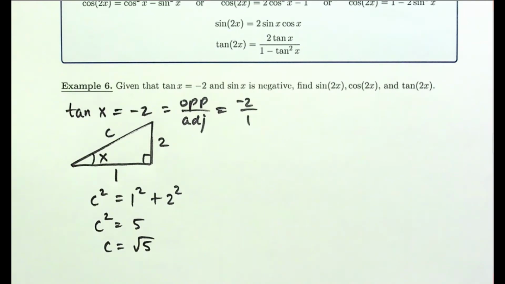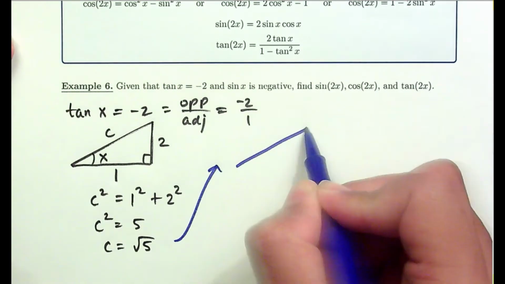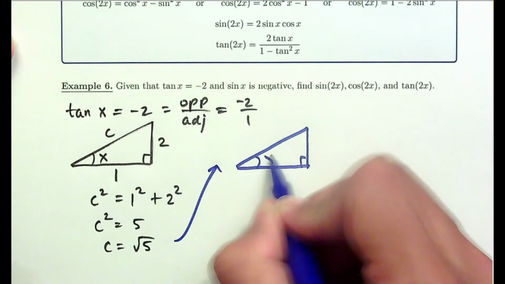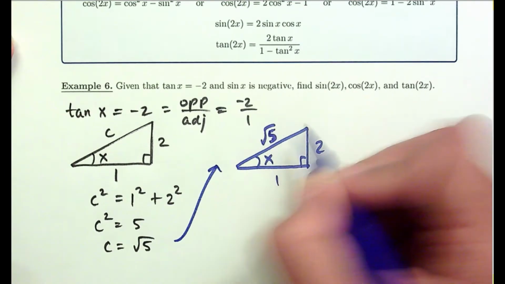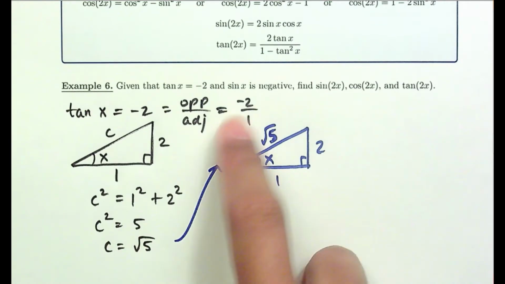Okay, so that means that the triangle completed is 2, 1, square root of 5. Okay, remember that I ignored the negative sign.